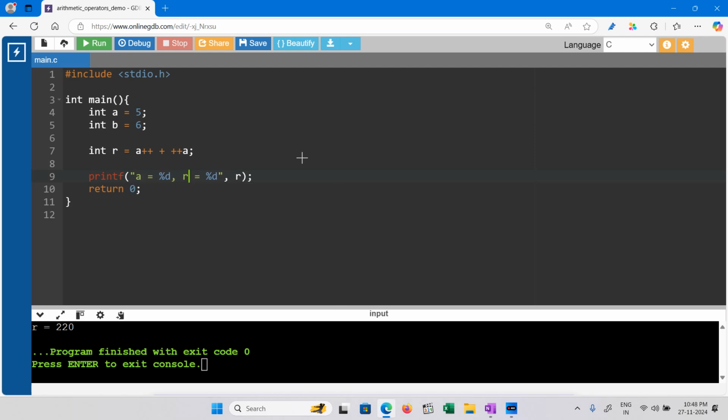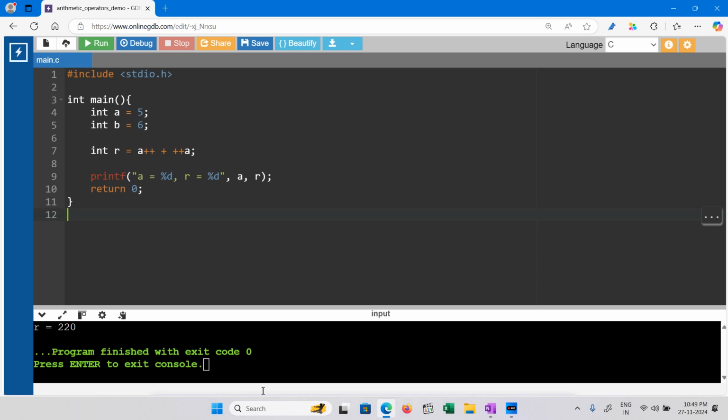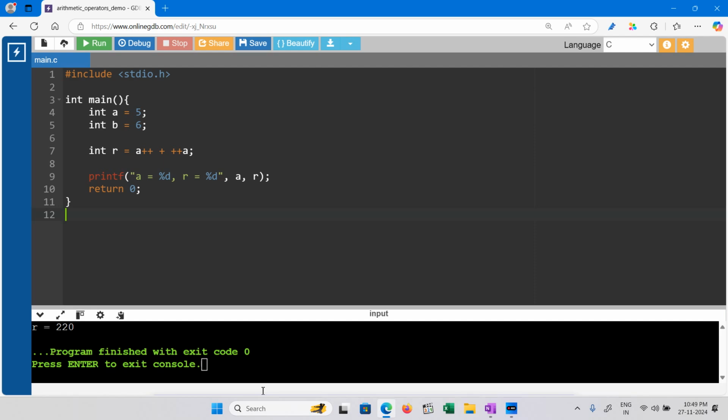Let us follow the basic concept that we have learned. Is the compiler going to solve the given expression the same way, or in a different way? Now here, a++ and ++a, which one will be evaluated first?